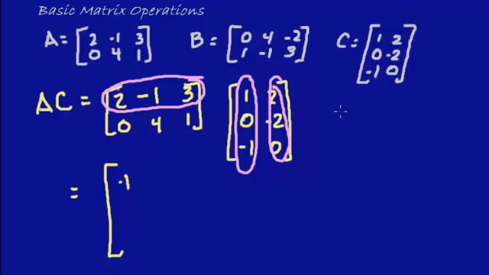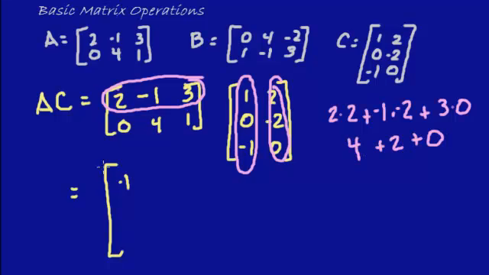I'm going to say 2 times 2 plus -1 times -2 plus 3 times 0. And that's going to end up being 4 plus 2 plus 0. So this is going to be a 6. I'm finished with the first row and all of its columns.